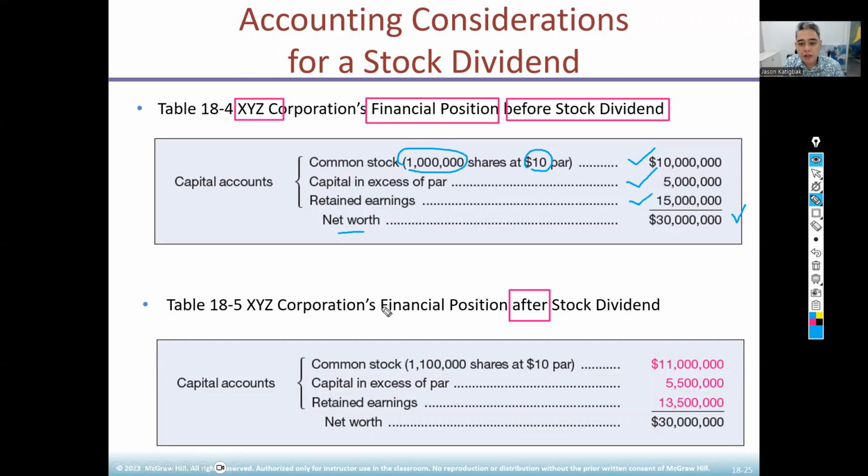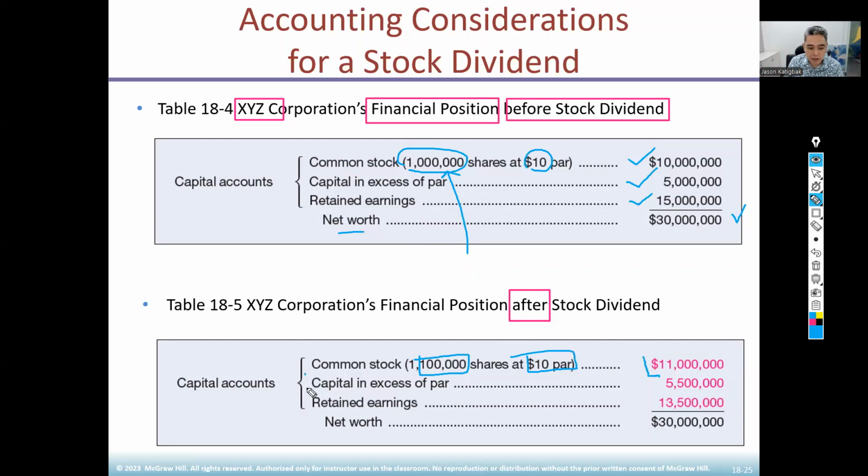Now, when it declares a stock dividend, say a 10% stock dividend, 10% of 1 million shares is actually 100,000. So it increased the 1 million by 100,000. So it's now 1.1 million shares. Still, the par value is the same. On a stock dividend, the par value of the stock will remain unchanged. It's now going to be 11 million.